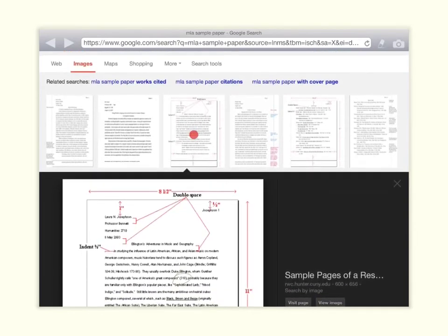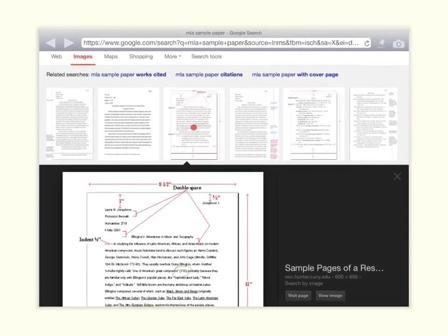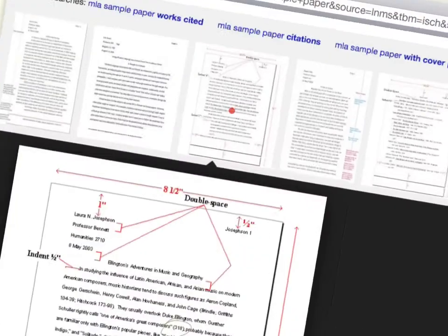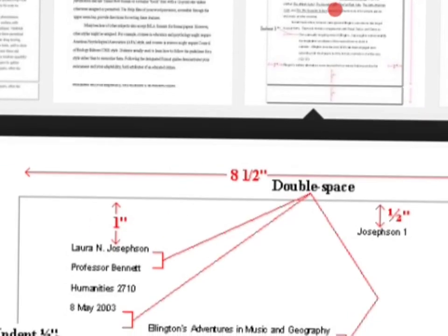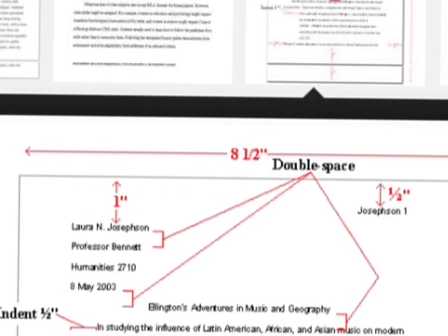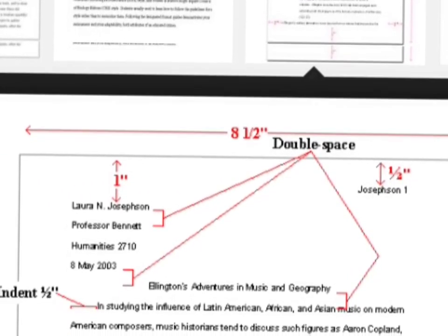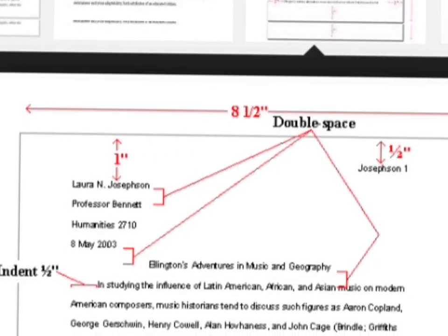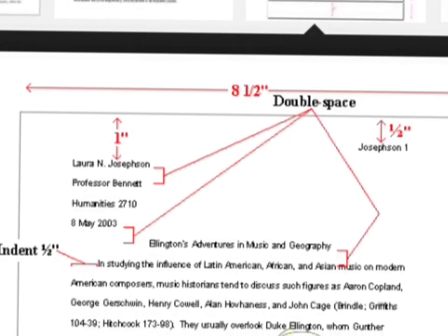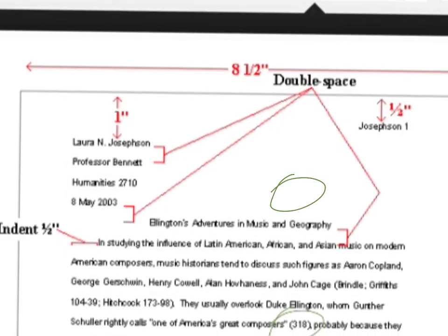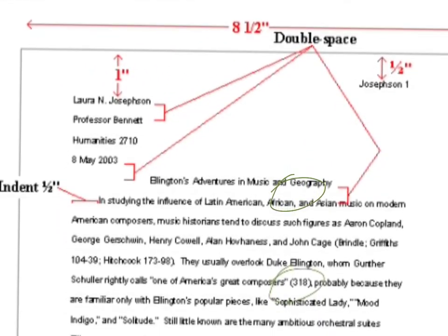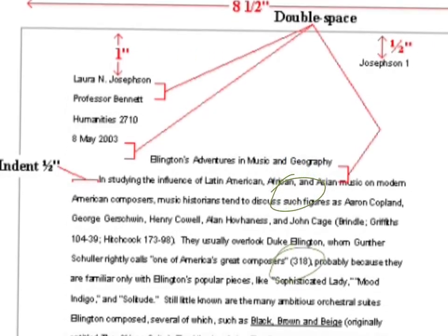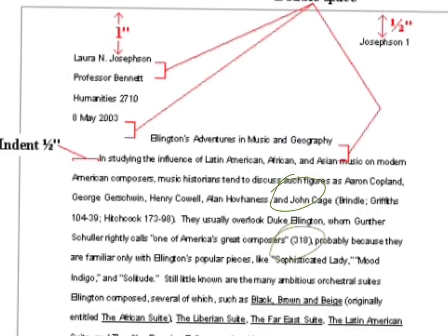It has your in-text citations here, where we have the quotation mark, and then the parentheses, and then the punctuation mark following that.